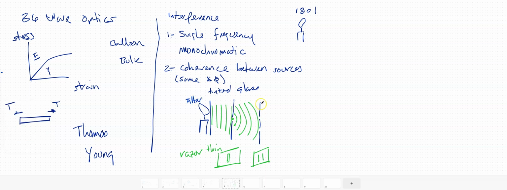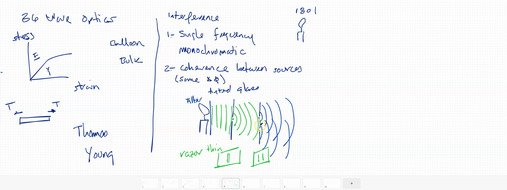But then with the two slits, he makes sure that when light comes out of these two slits, it interferes like so. But look, this point and this point belong to the same wavefront.